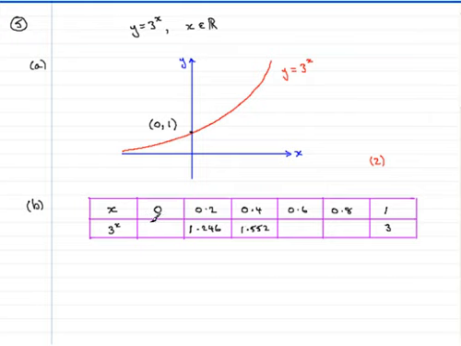Okay, welcome back. Let's see how you got on. So when x is 0, 3 to the power 0 is going to be 1. Should be able to do that without a calculator. Then we have 3 to the power 0.6. So using a calculator, giving your answer to 3 decimal places, remember, you should find that you get 1.933.